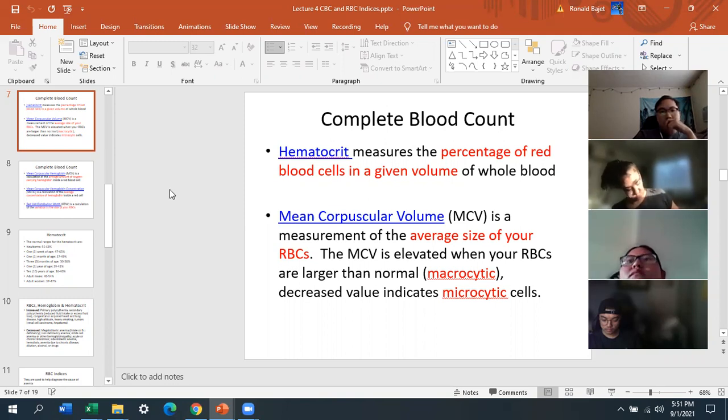The machine will measure whatever you feed into it, and it's going to give you what it reads. If it gives you an MCV of 150 or 160, that's impossible for a red blood cell.